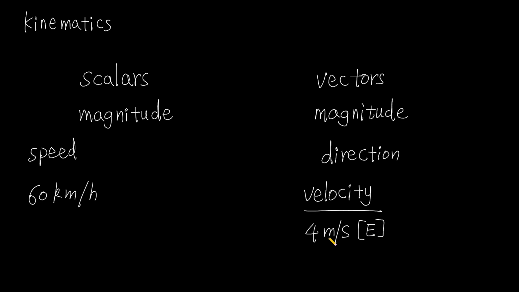The 4 meters per second represents the magnitude of the velocity, and the e represents the direction of the velocity, which is east. In everyday language, many people use speed and velocity interchangeably, but in kinematics they are different.